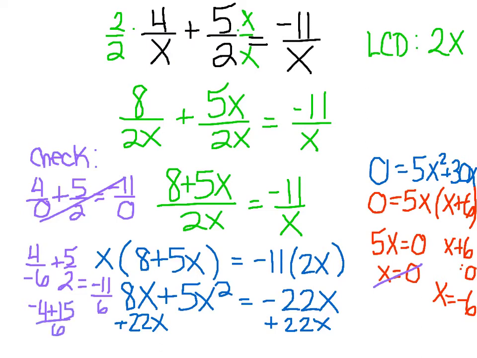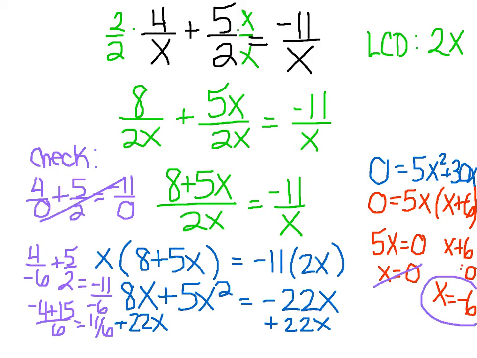And 15 minus 4 is 11. Oop, I see my mistake. It's negative 11 over negative 6, which is positive 11. And there we have this equals 11 over 6. So our solution is going to be x equals negative 6.